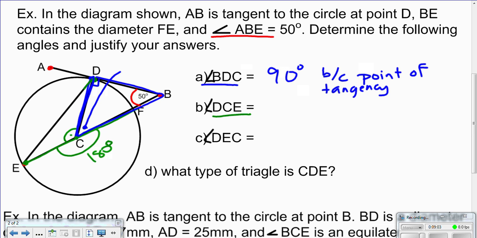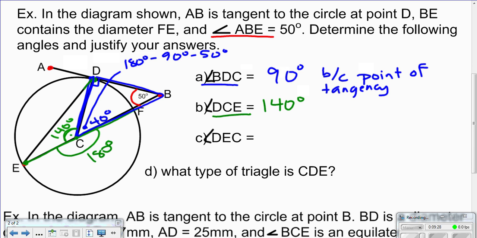Okay, so this angle is going to be 180, take away 90, take away 50. And so we get an angle of 40 degrees. So that means whatever the other side of the angle to make that straight line has to make it add up to 180. And so we get 140 degrees. So DCE is 140 degrees.